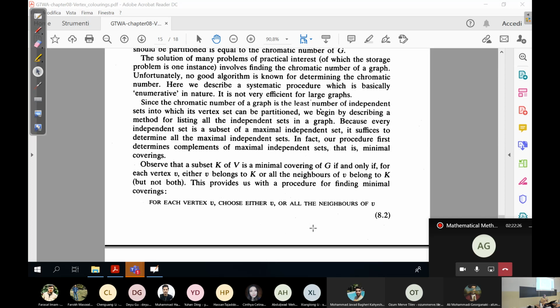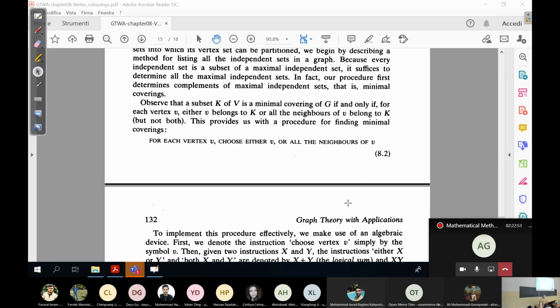So if you sit in a vertex, two possibilities: either you take this vertex, or you take all of its neighbors. If you don't do one of these two things, there surely will be one edge which is not covered. Then visit the next one, and either choose it, or choose all of its neighbors, and so on and so forth.